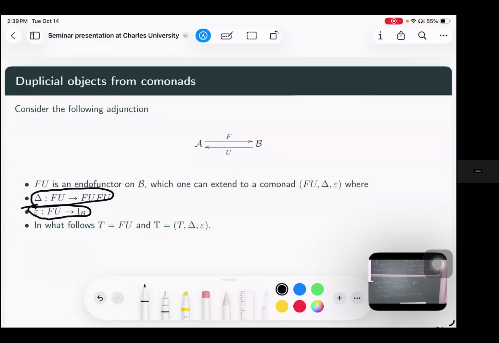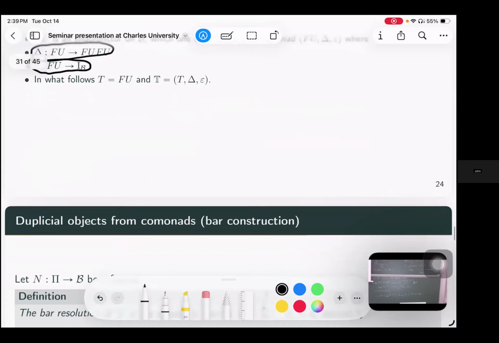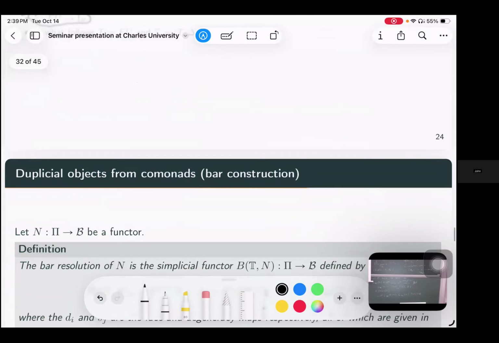So here, if you see, this delta would actually expand. If I want to go from, let's say, Cn to Cn plus 1, I would have to use the delta, and if I want to contract it, go down, I would have to make use of the epsilon. So that would just contract it.